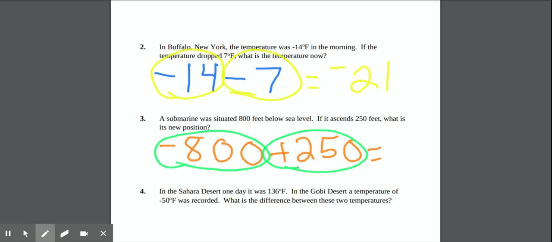So if it started out at negative 800 and then added 250, we're going to subtract those two numbers. 800 minus 250 is 550. Same signs add and keep, different signs subtract. Keep the sign of the higher value. The higher value is 800. It's got a negative with it, so it's negative 550.